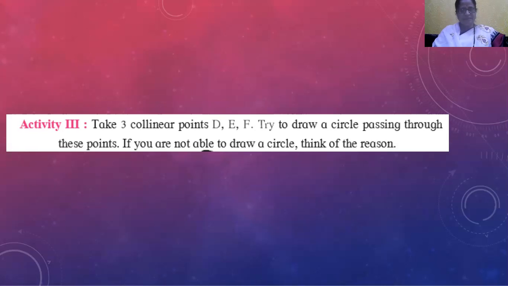Before this, you have seen that from 3 non-collinear points we can draw only one circle. But now you are going to take collinear points D, E, F, which are on one line. Then see how many circles you can draw, and practice these 3 activities. It will help you in the construction.